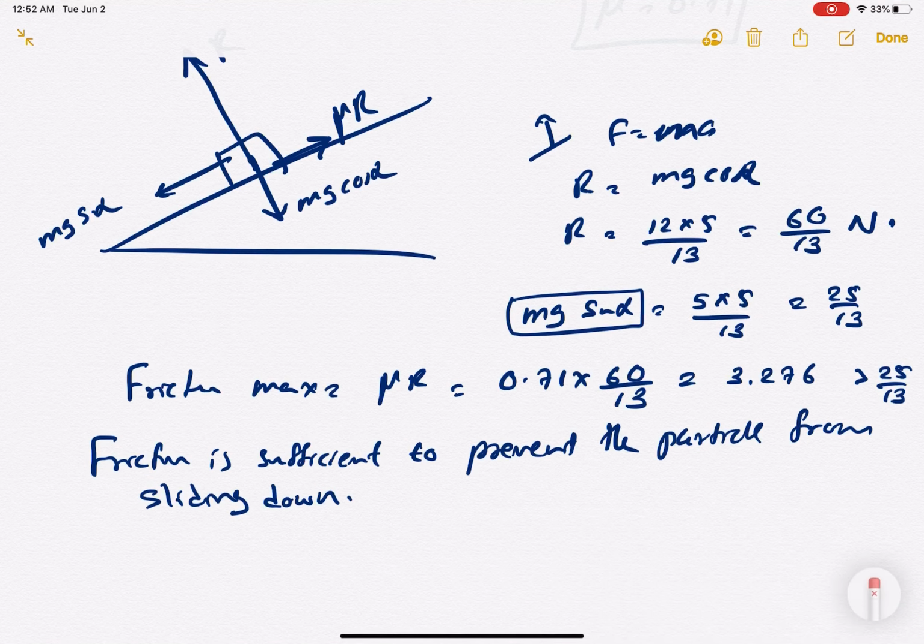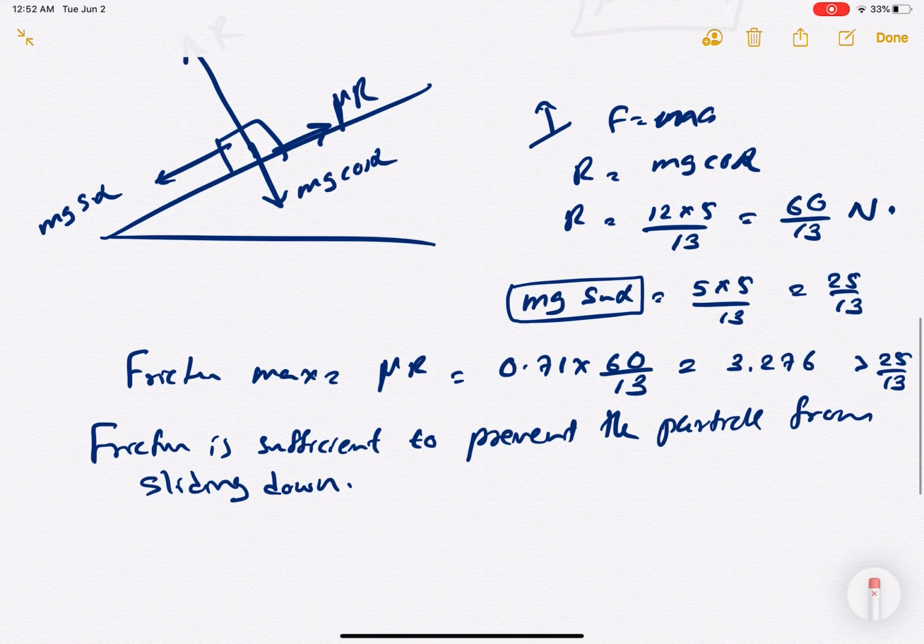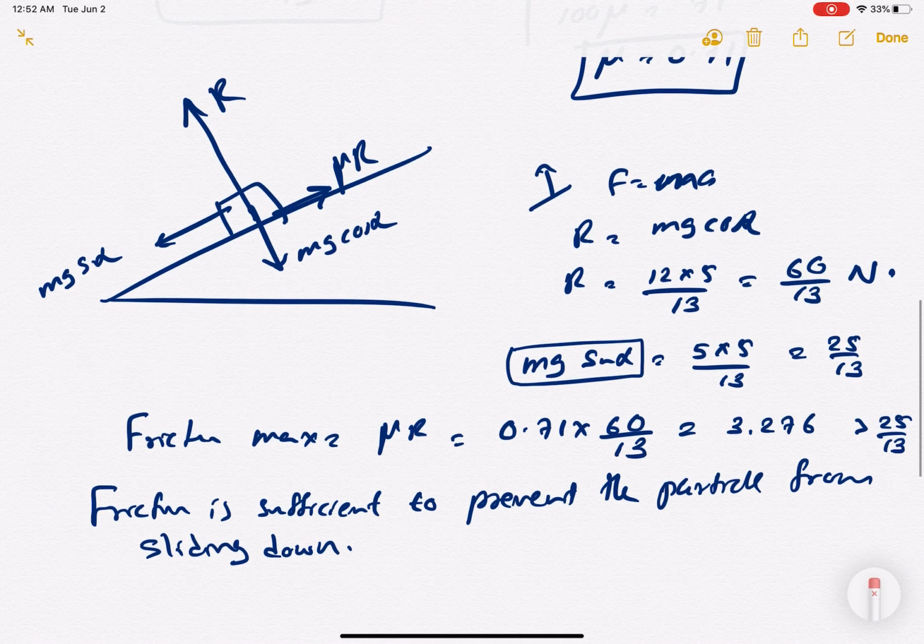That's the reason 3.276 is sufficient. So friction will become equal to 25 by 13 newtons and keep the particle in equilibrium. Hope you understood.